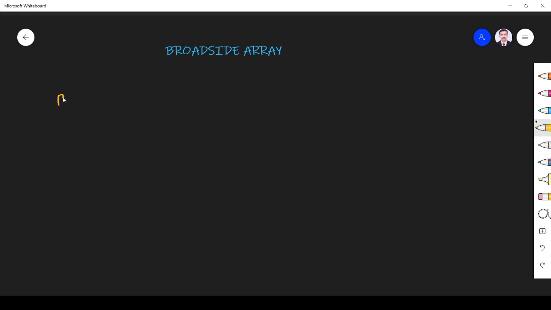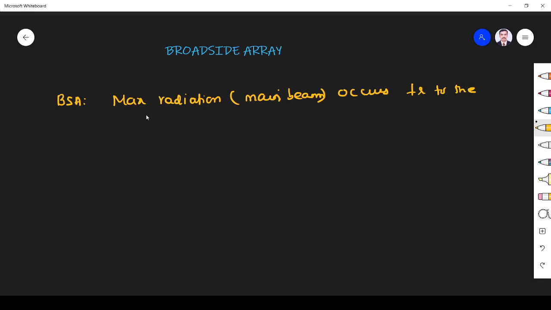First we understand what is broadside array, BSA. Broadside array is an array in which maximum radiation occurs. Maximum radiation means nothing but our main beam. So the maximum radiation occurs perpendicular to the array axis.